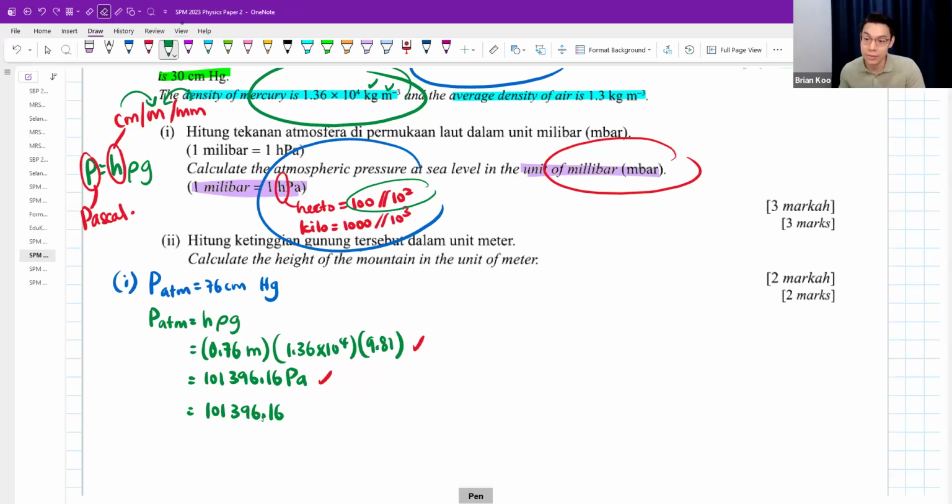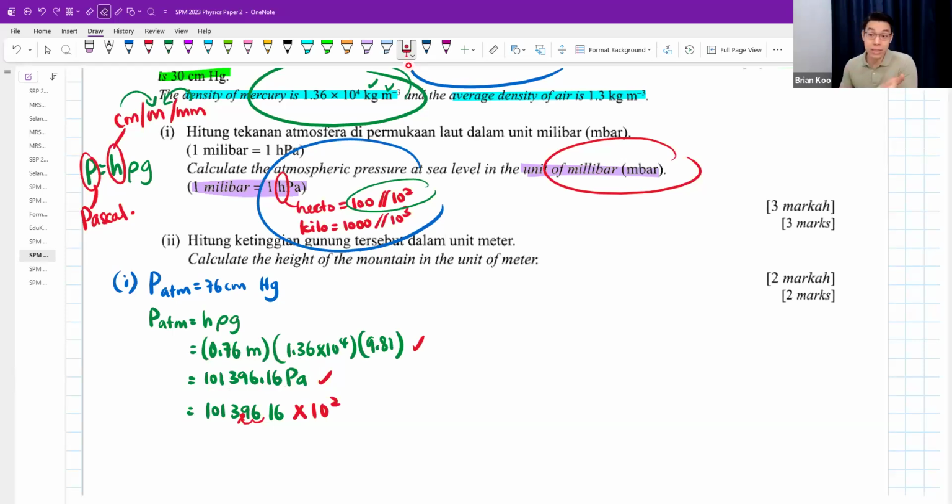See guys, if I want to add a hecto, times 10 to the power of 2, I need to make sure I move 2 decimal places in. I repeat, if you want to make 2 decimal places bigger, you must make the number here 2 decimal places smaller. Why? You cannot change the value.